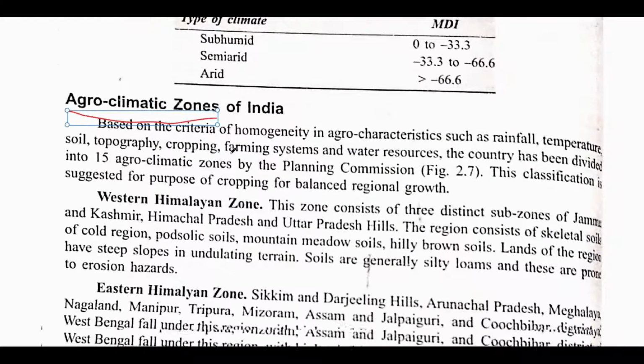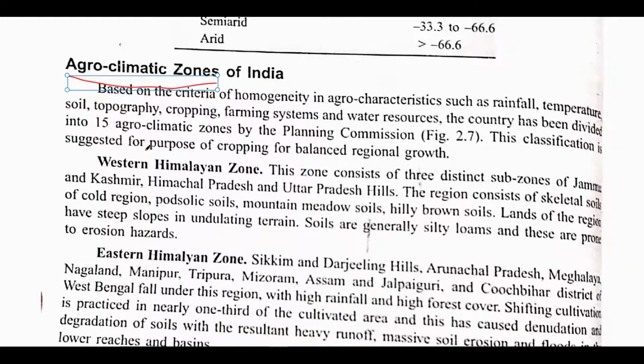Agroclimatic zones. See, the agroclimatic zones have been classified by the Planning Commission as well as by NARP. According to the Planning Commission, there are 15 agroclimatic zones, and they were given in 1988 during the 7th five year plan. While according to NARP, the National Agricultural Research Project, ICAR has classified agroclimatic regions into 131.